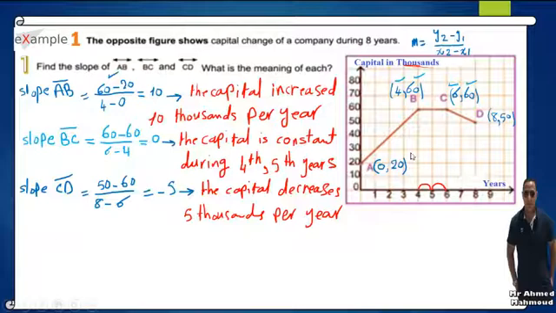The next question: find the starting capital of the company. The capital is represented on the y-axis.